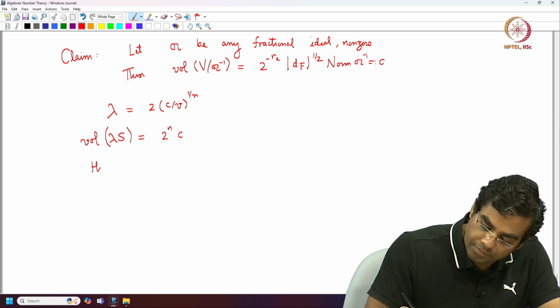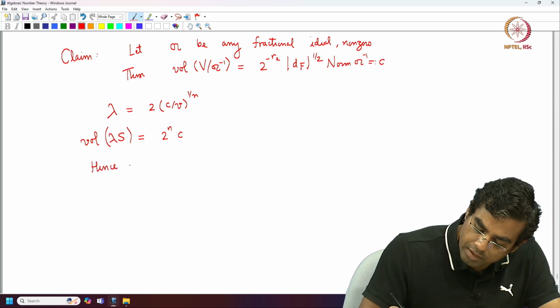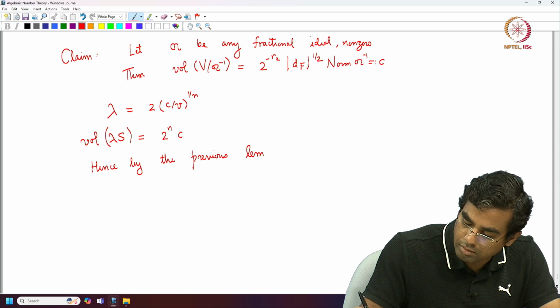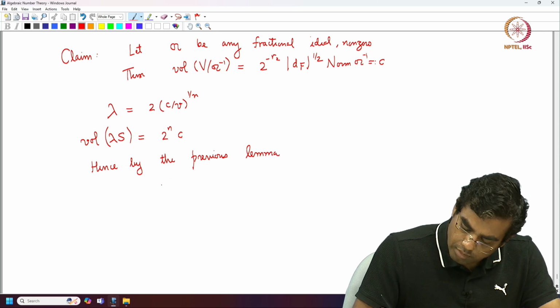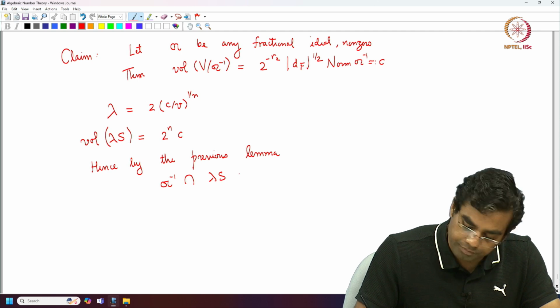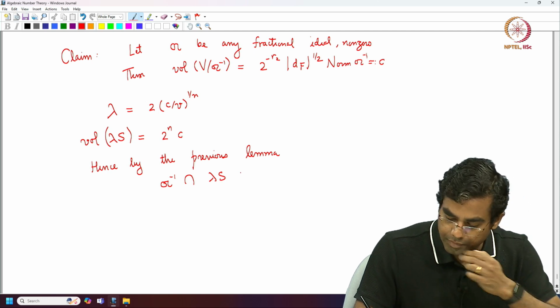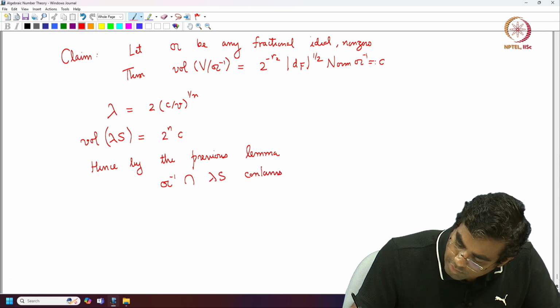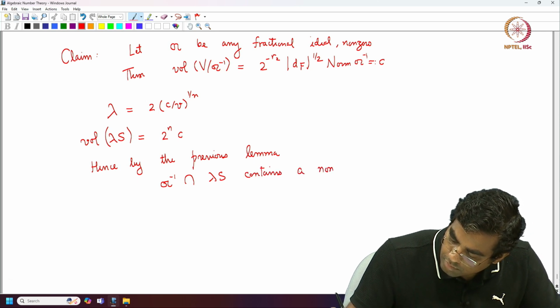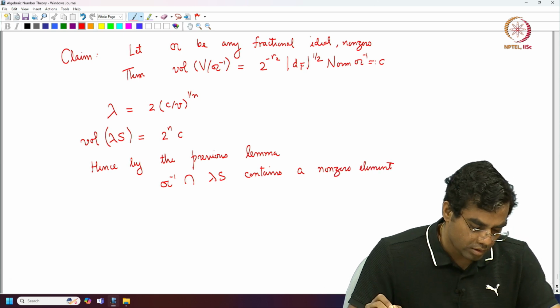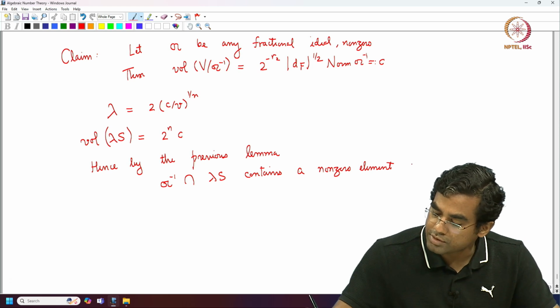So, hence we can apply the previous lemma: A inverse intersected with lambda S contains a non-zero element. Okay. So, let us call it alpha.